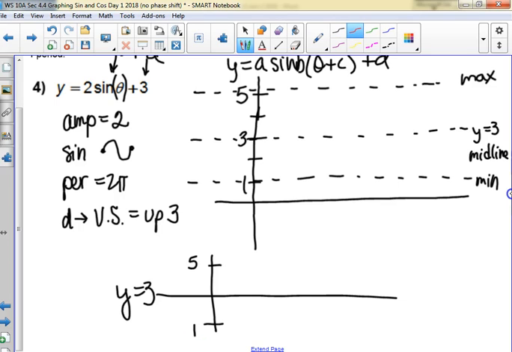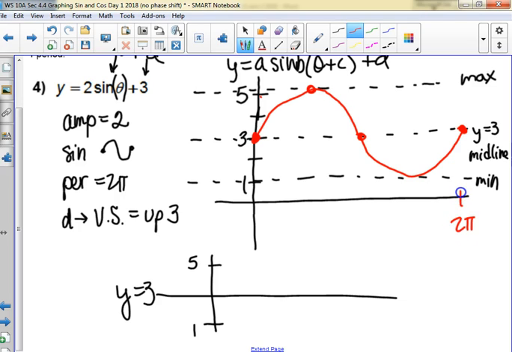It's a sine, so it starts at the midline and it goes up, and back to the midline and down and back to the midline. And the period finished where? 2 pi.